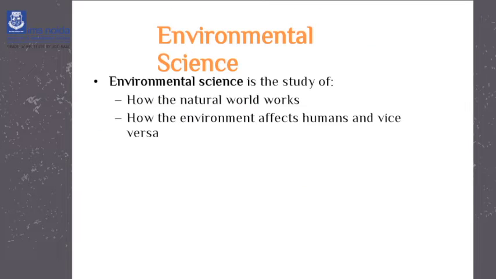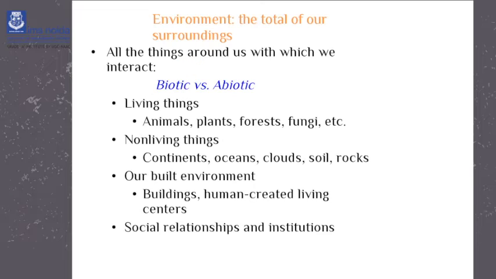Now, what exactly is environmental science? Basically, it is a study of how the natural world works, how the environment affects humans and vice versa. What is the man and environment relationship? Now, what exactly is environment?